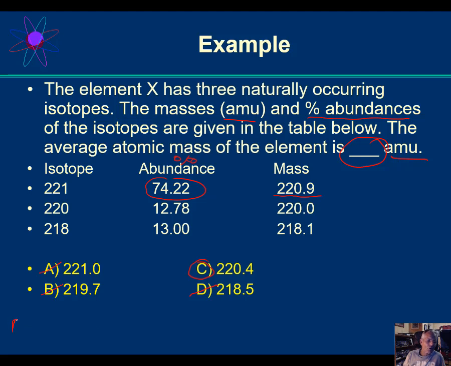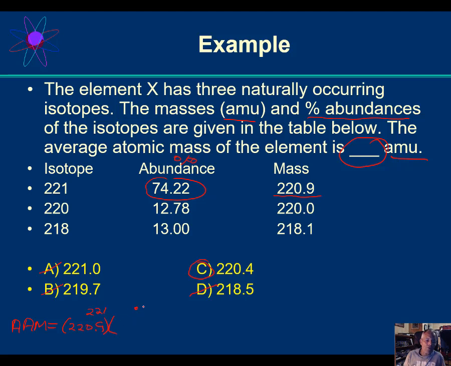So the average atomic mass is going to equal, we'll start with isotope 221's actual mass, which is 220.9 AMU. We're going to multiply times the percent abundance.